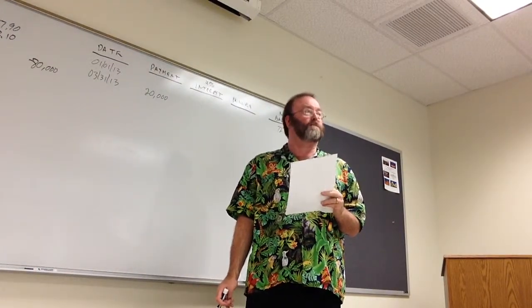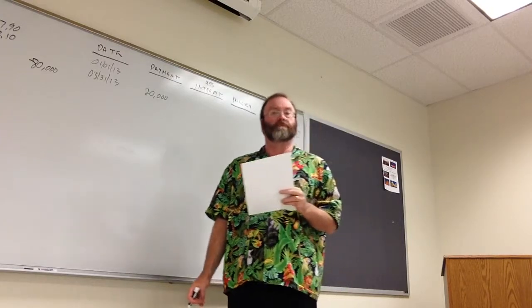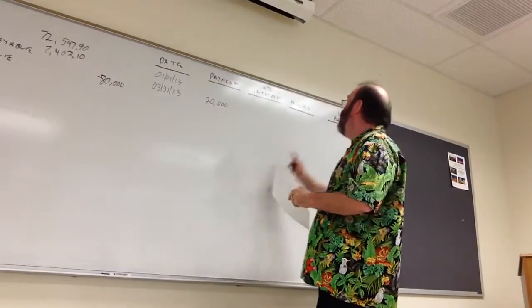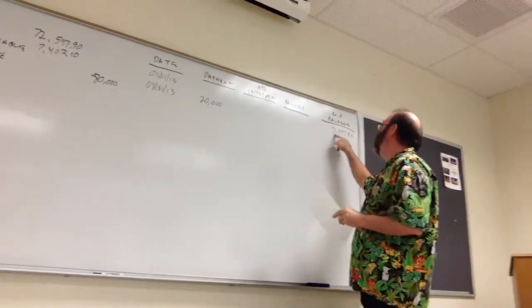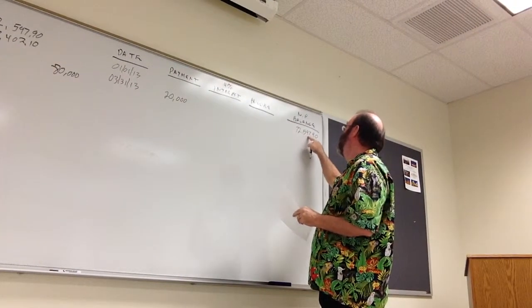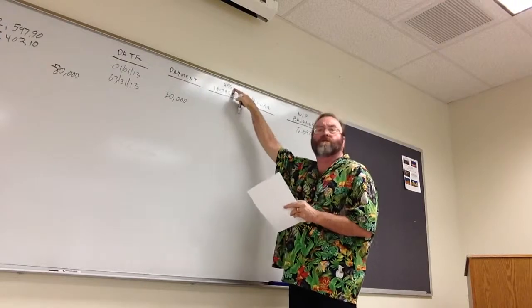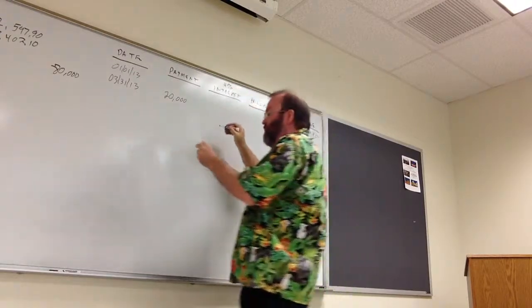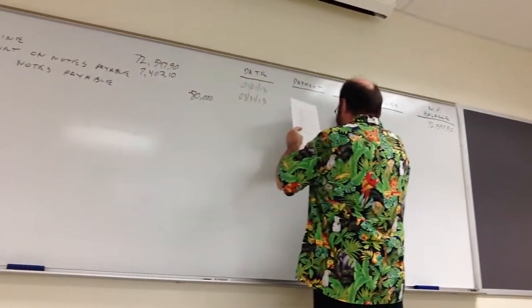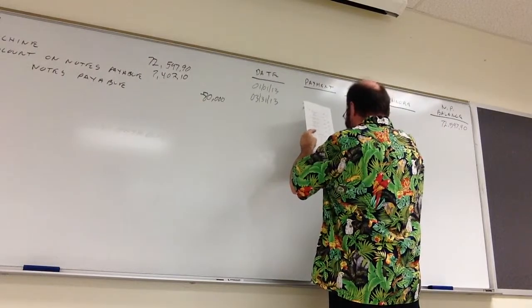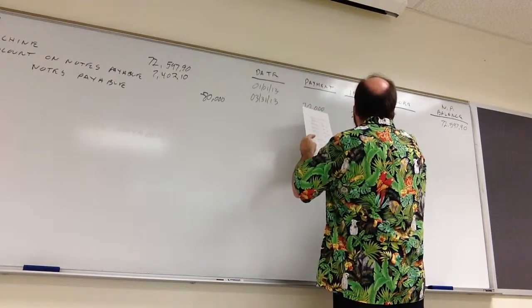Everybody with me so far? If you multiply the $72,597.90 times the effective interest of 4%, you get interest expense of $2,903.92.